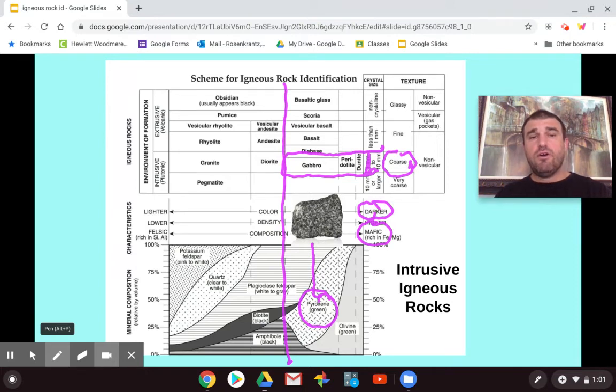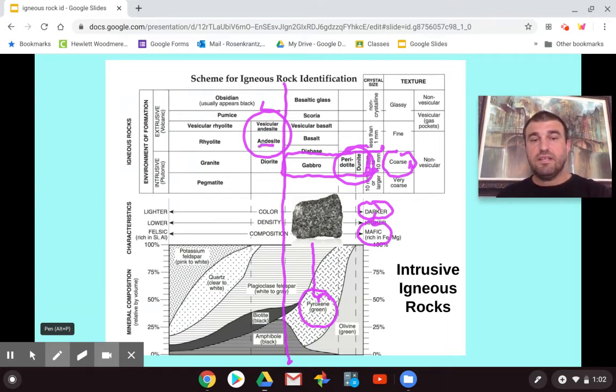Okay. Now, while I'm on the topic, the ones that are all the way on the right, those two, we sometimes refer to their composition as ultramafic. Okay. And the ones in the middle, we sometimes refer to that as andesitic. Okay? And it has the word Andes, and that actually comes from the Andes Mountains.